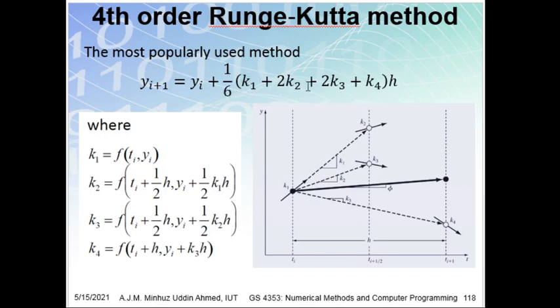These factors total 6, so it is divided by 6 and multiplied by h, and this incremental function is assumed to give the most accurate prediction, almost the closest value to the true solution we can expect.